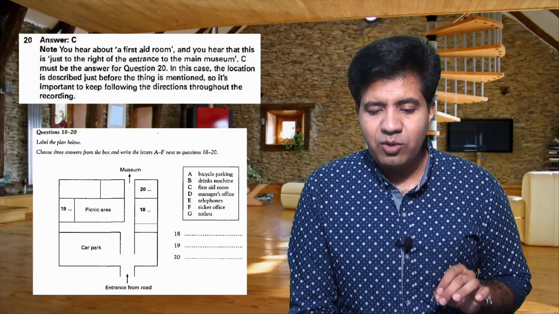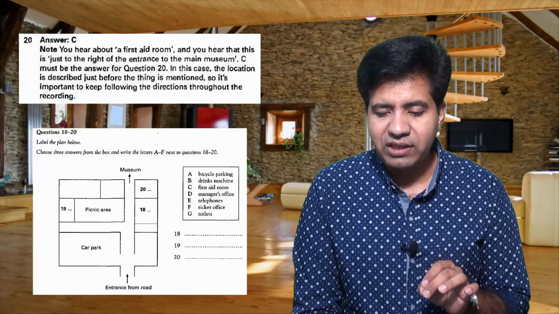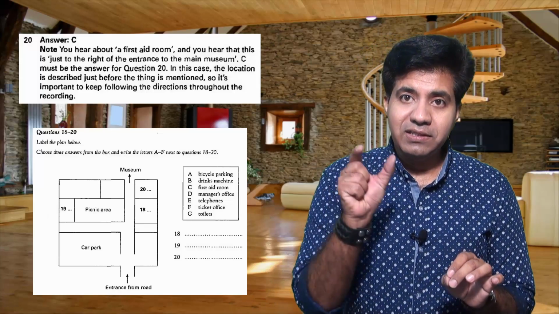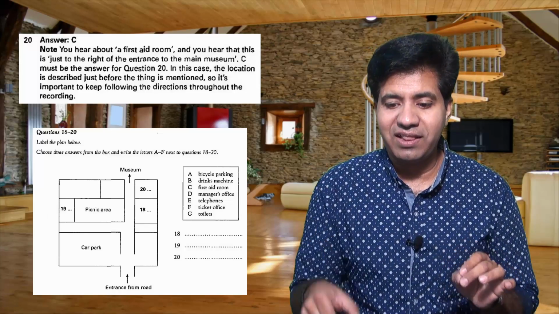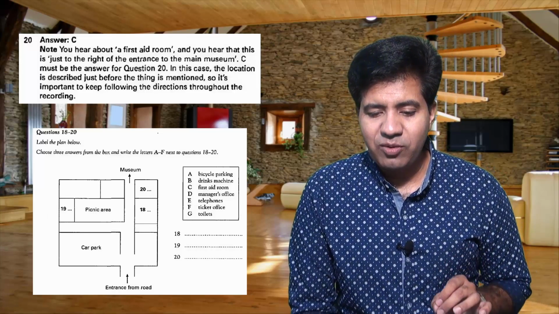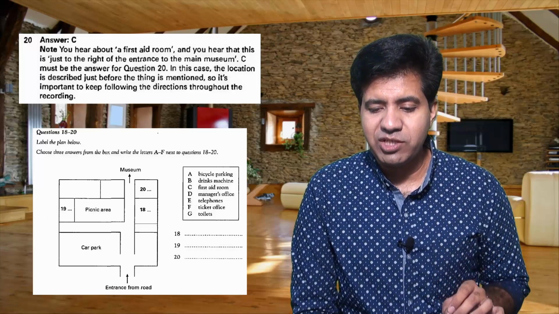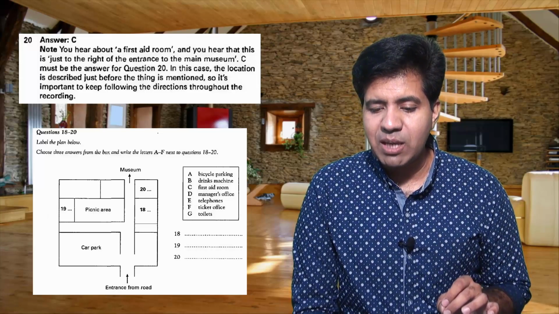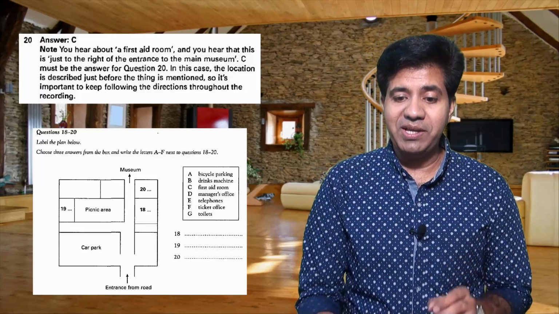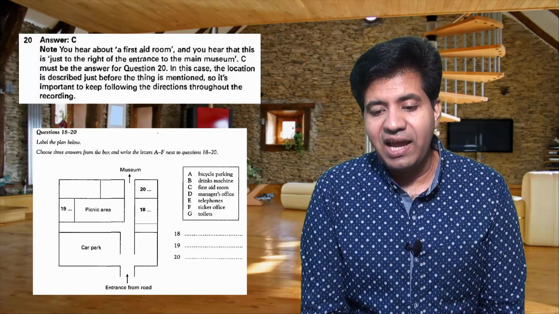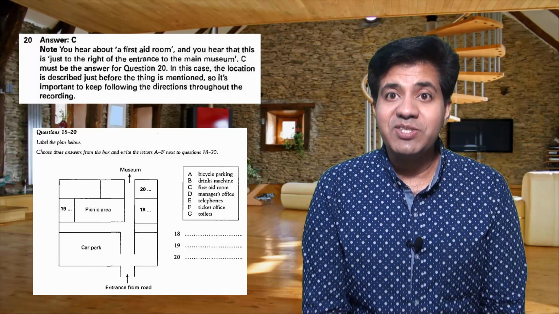In this case, the location is described just before the thing is mentioned. They described the location before they mentioned the thing. So it's important to keep following the directions throughout the recording. So for 18, answer B, 19, E, and 20, C.